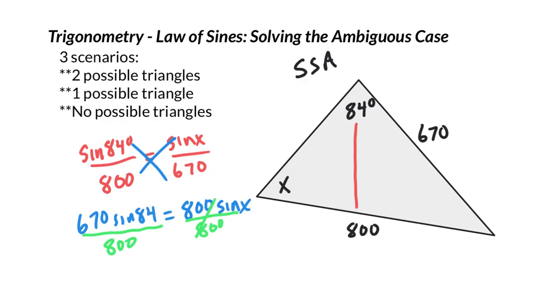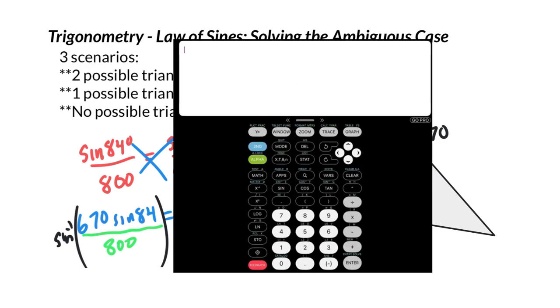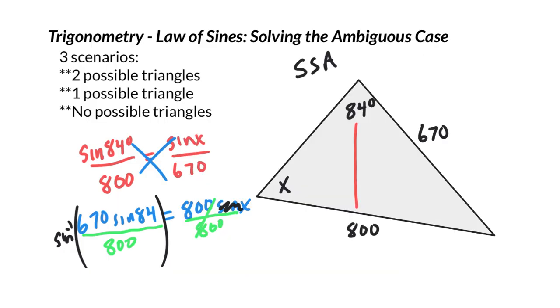Take the inverse sine of both sides. And let's type this in. All right, inverse sine of 670 times the sine of 84, all divided by 800. 56.4 degrees. So 56.4 degrees. Now, here's what we need to check for.